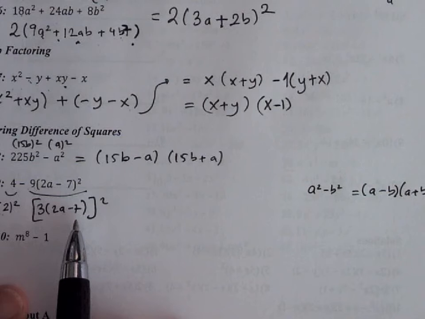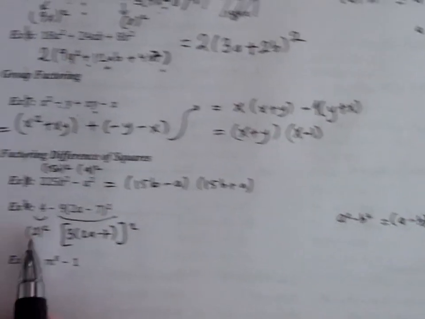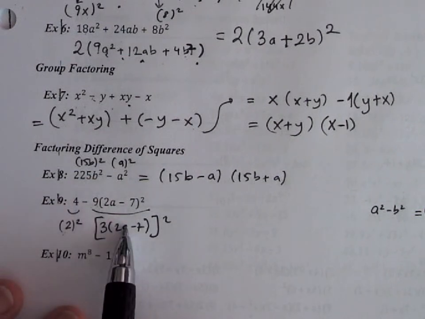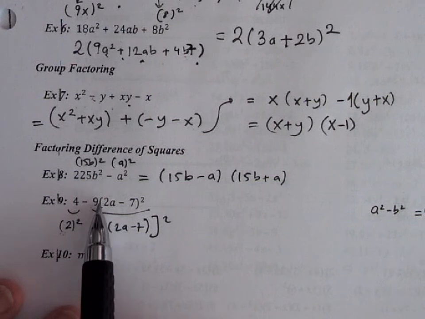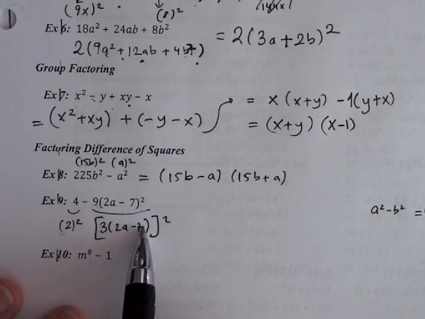Are we okay with this or is it confusing? Okay, so we took the square root of each term here. So 4 is a square of 2, and this one is the square of 3 times 2a minus 7.